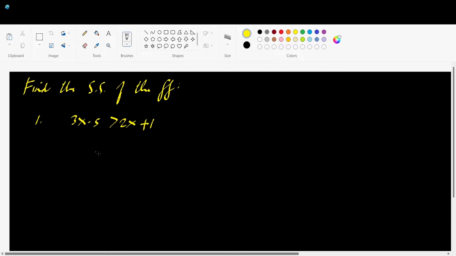Similar to ordinary equations, we combine all terms containing the x variable to the left, and all the pure constants to the right. For 3x minus 5 greater than 2x plus 1, we have to get rid of 2x at the right side. So we have to add -2x to both sides.